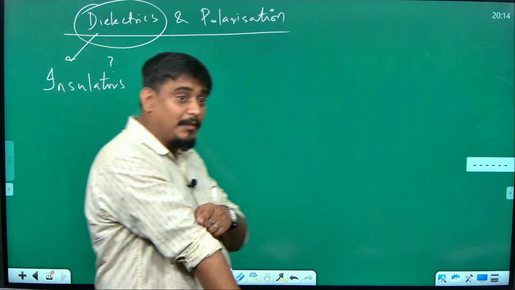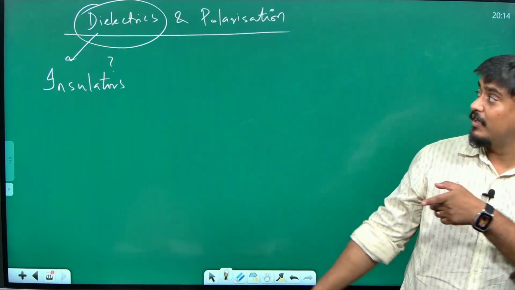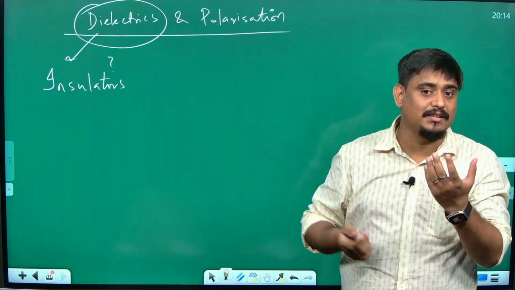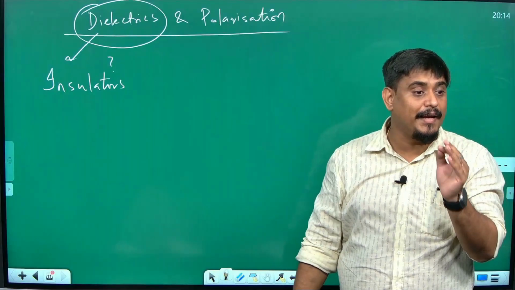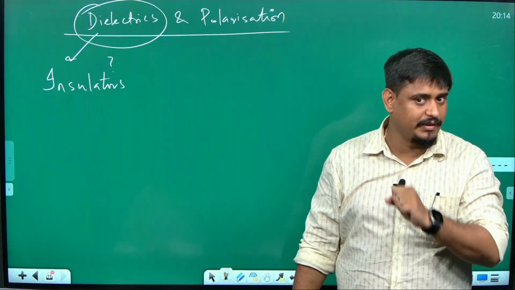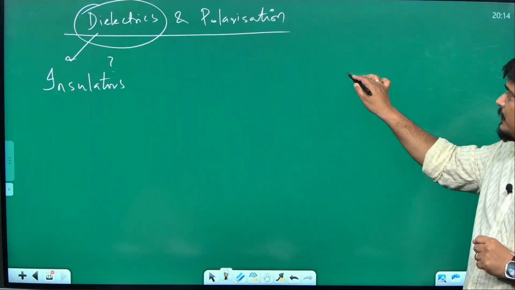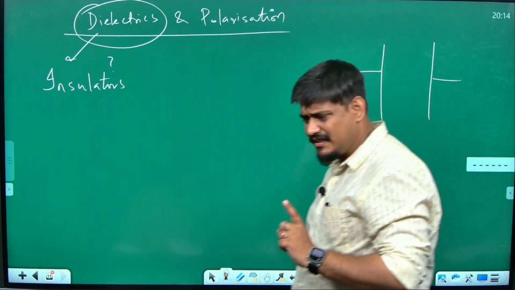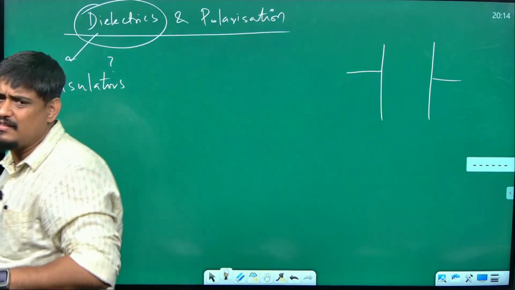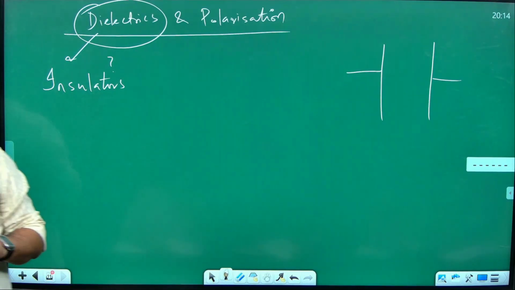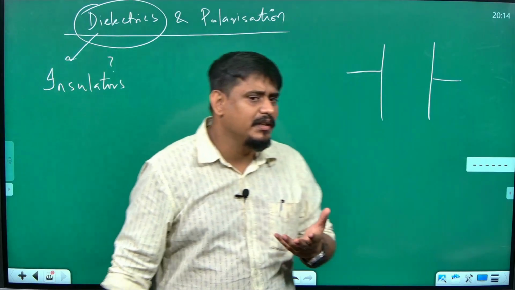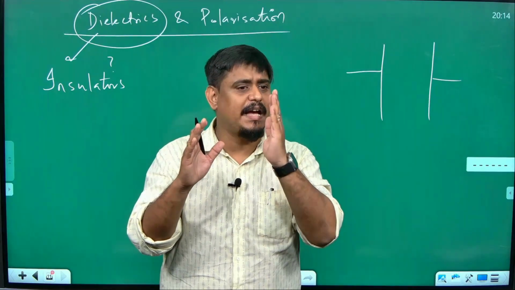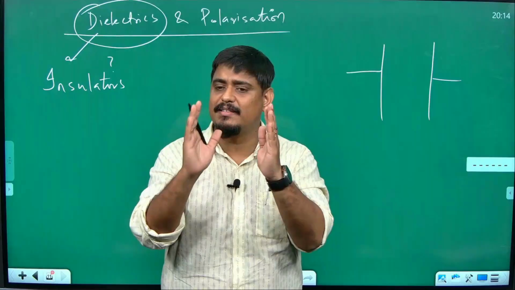Now I am going to study the behavior of insulators as well as conductors when they are placed in an electric field. Very important thing. So imagine you have a uniform electric field. By these many days of classes, you must understand that a uniform electric field can be produced if you have two plates, one having plus sigma, one having minus sigma.